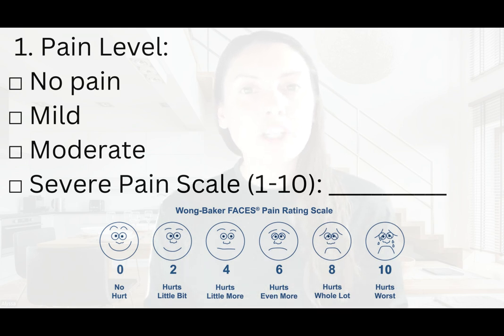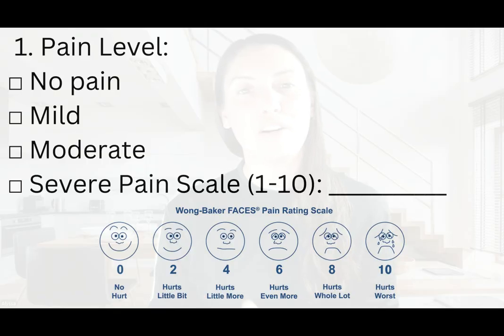Now, if a patient cannot communicate with you, this doesn't mean we don't have to address or assess the pain level. We need to be using tools that are available to us. So the Wong-Baker Face Pain Rating Scale, this is a great tool to use. As you can see here, it has different levels that we can physically see.